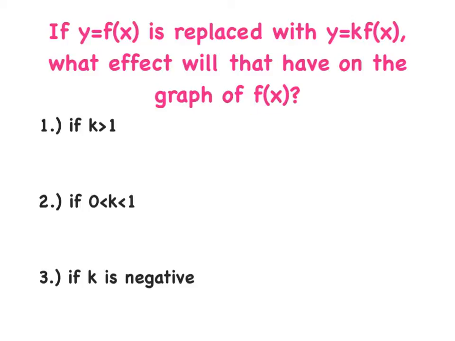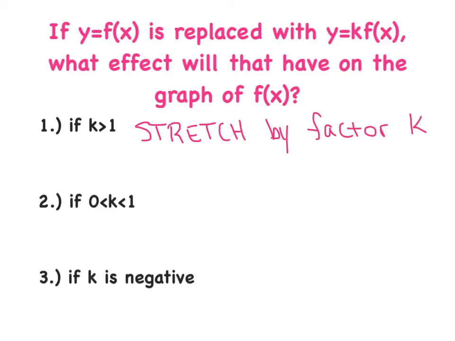And right off the bat, if k is bigger than 1, it's going to be a vertical stretch by a factor of k. However, if k is a smaller number that's greater than 0 but less than 1, now it's a vertical compression by a factor of k.